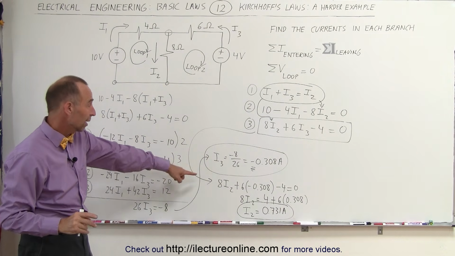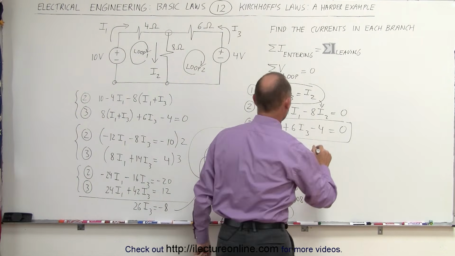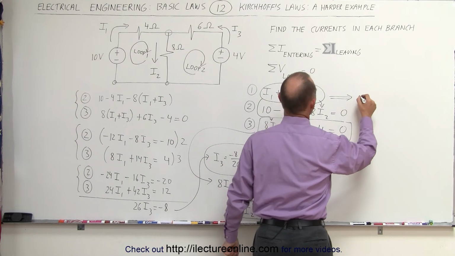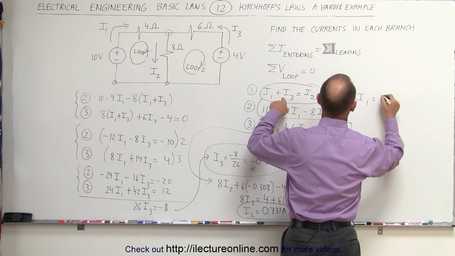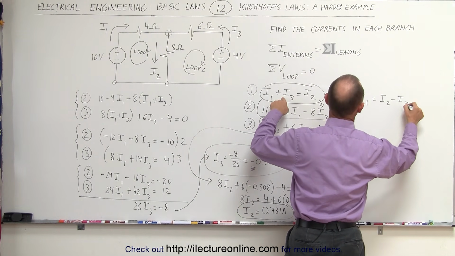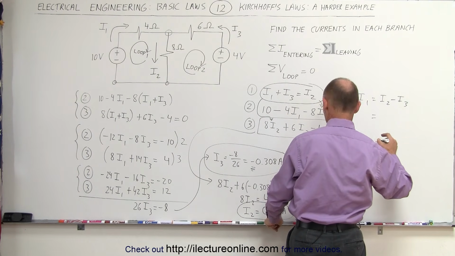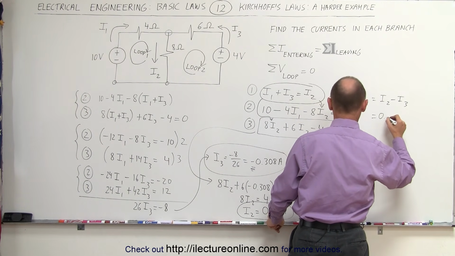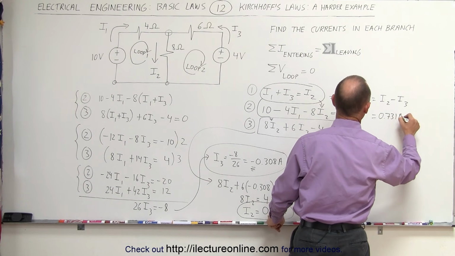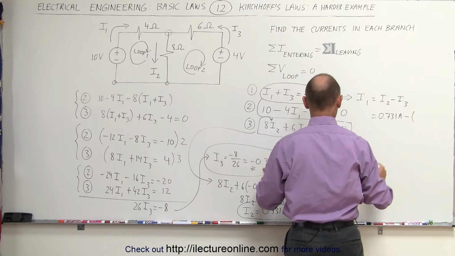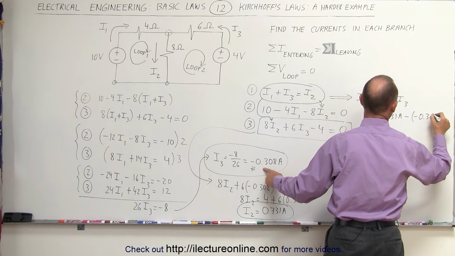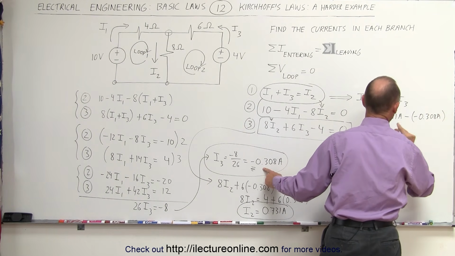Finally, we can solve for I1. Using this equation, I can now say that I1 is equal to I2 minus I3. So I1 is equal to 0.731 amps minus a minus 0.308 amps. That makes that a positive.